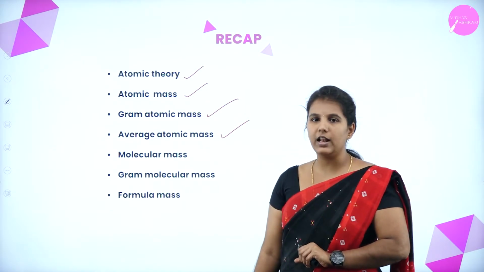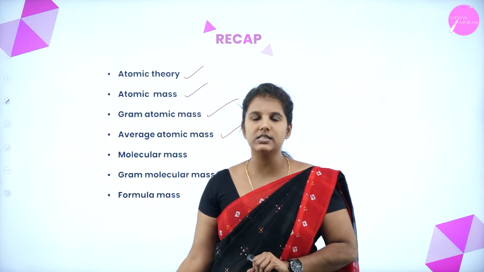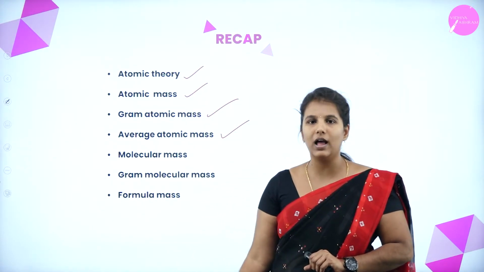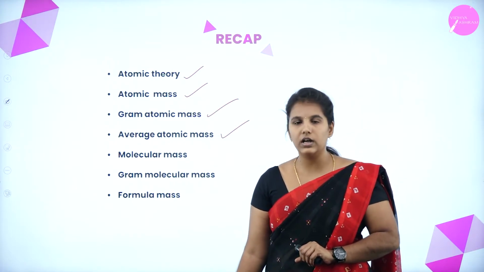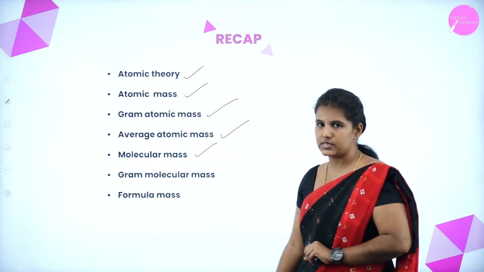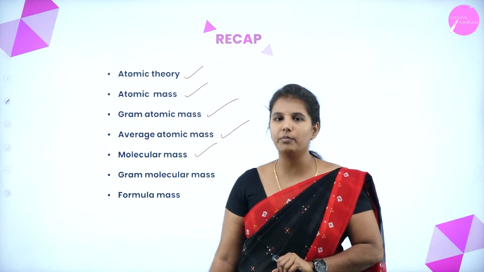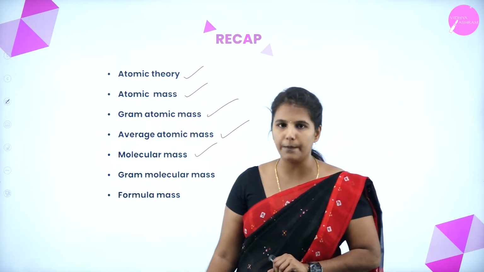If some elements are found in different isotopic forms, in such cases we need to calculate the average atomic mass of that particular element. An example is carbon, and you can try with chlorine also. The next one is molar mass. Molar mass is obtained by just adding the atomic masses of each element found in that particular compound.